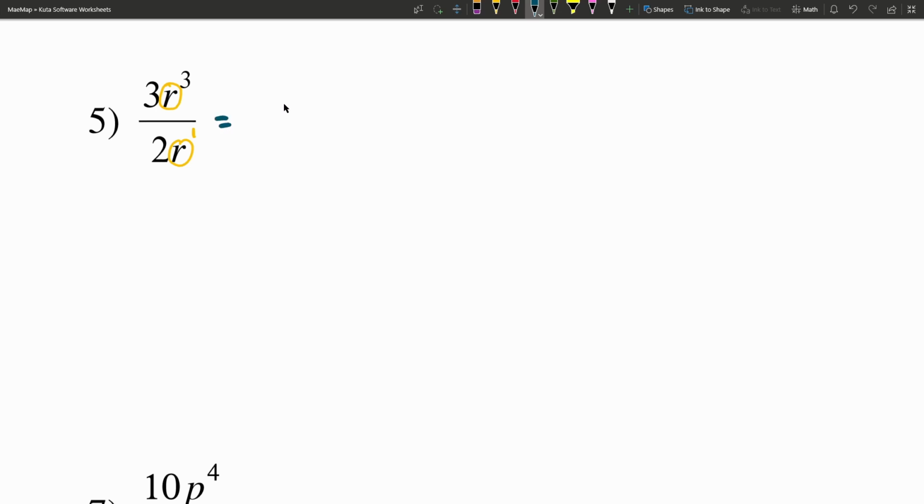So we're going to have 3 over 2 times r cubed over r to the first. All I did was split that fraction up so you can visually see how we're going to deal with those exponents. So we're going to have 3/2 times r to the 3 minus 1.